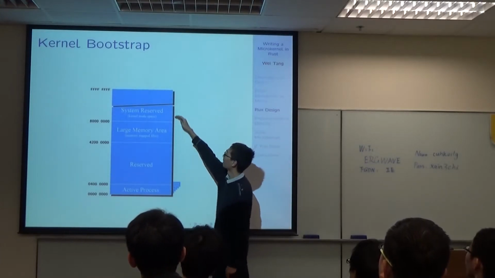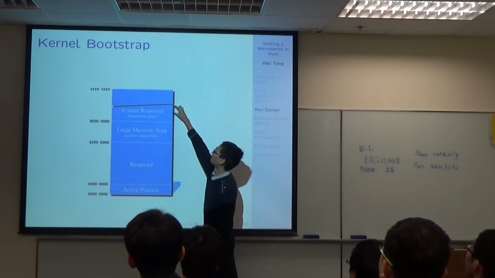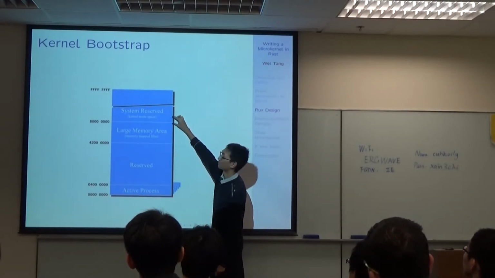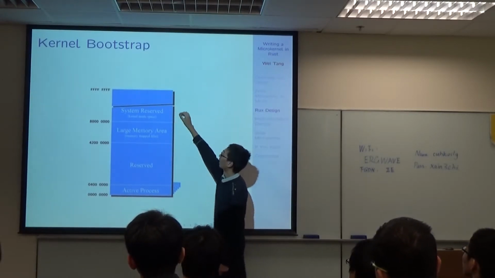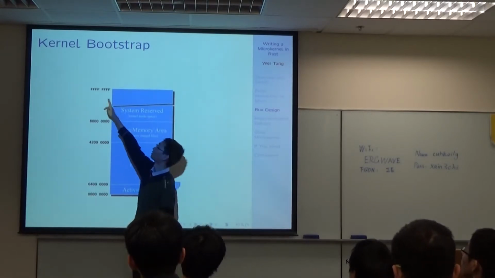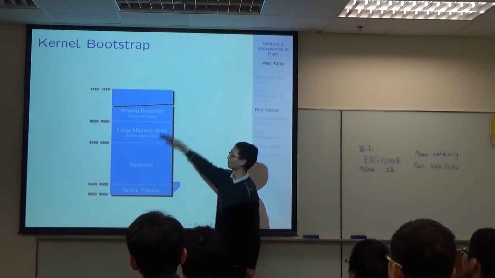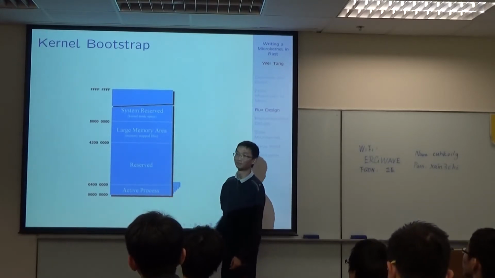The kernel may be mapped maybe at this position, and then follows some boot information, and this will be 0, 0, 0, 0, 0, 0. So all of this here is just free memory at booting.